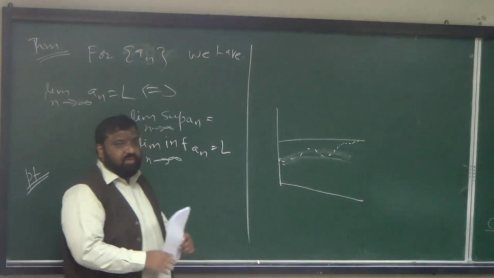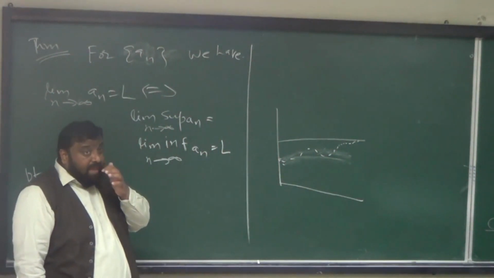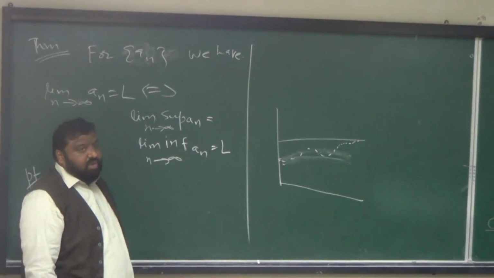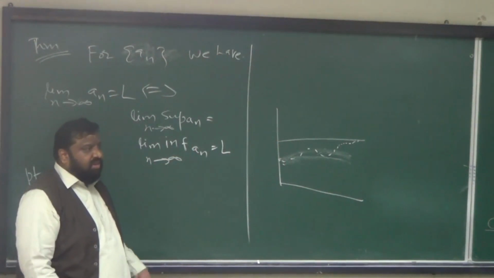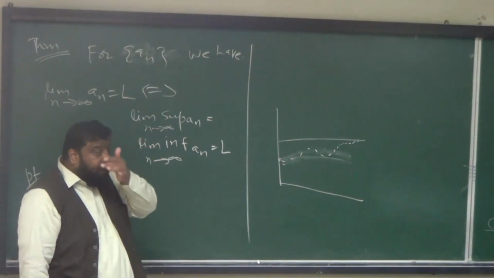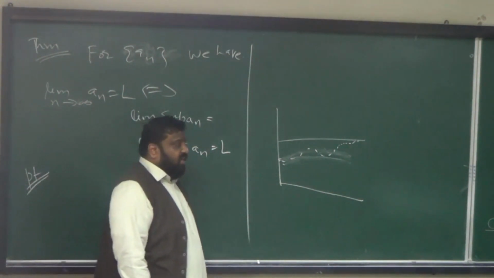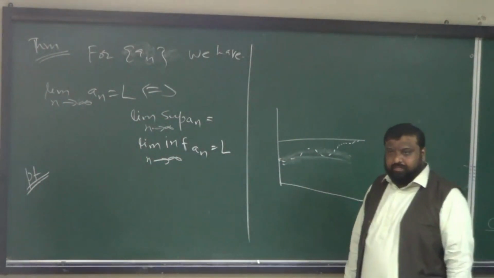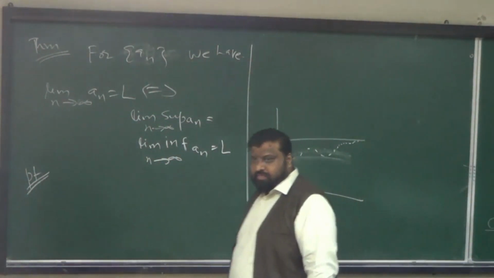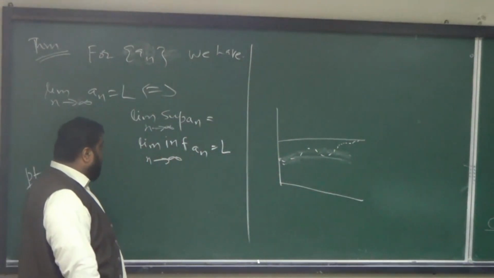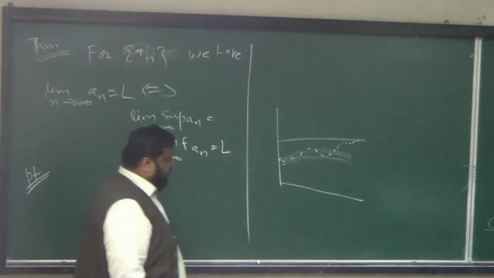If you compute lim sup and lim inf for a sequence, and if both are the same, then that will be the limit. And we actually saw that it's much easier to compute lim sup and lim inf. Tricks for dealing with the sequence.